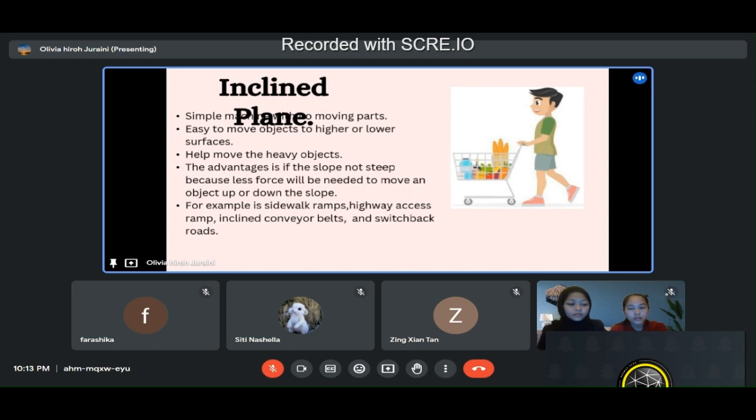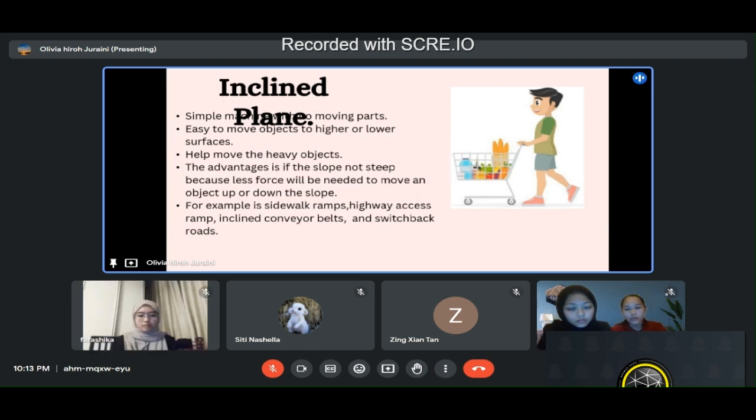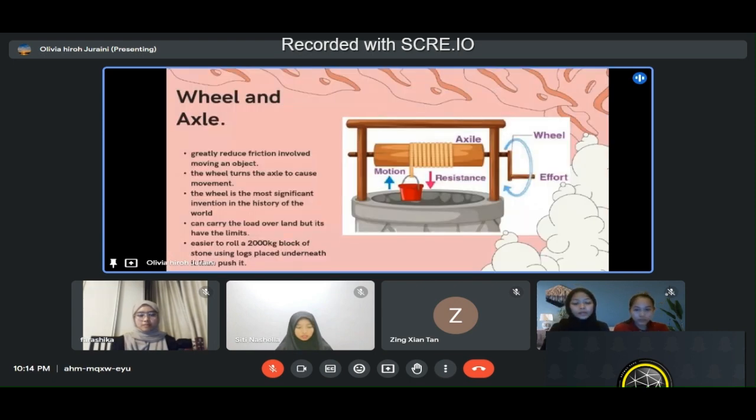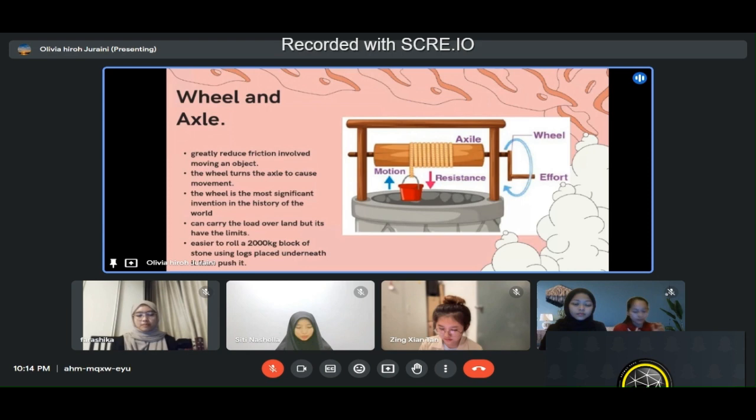The advantage of this machine is that if the slope is not steep, less force will be needed to move an object up or down the slope. Other examples of inclined planes are sidewalk ramps, highway access ramps, inclined conveyor belts, and the last one is switchback roads.